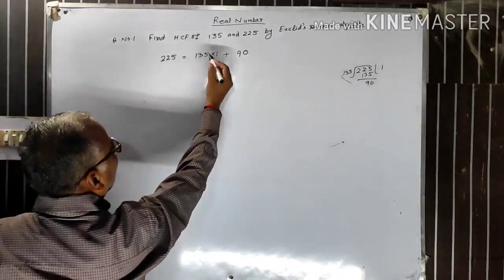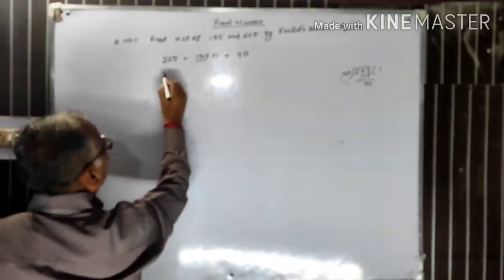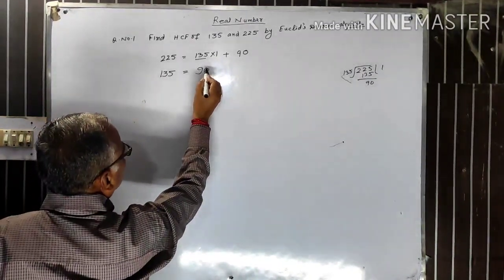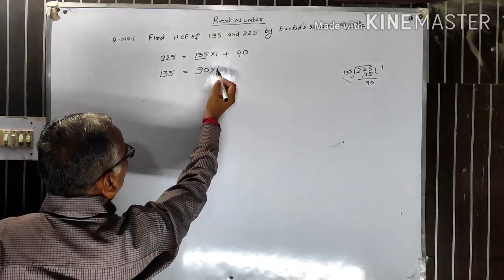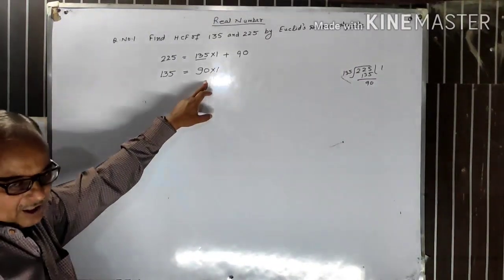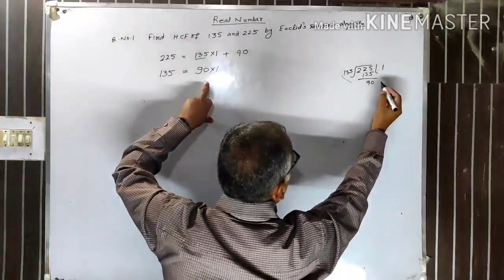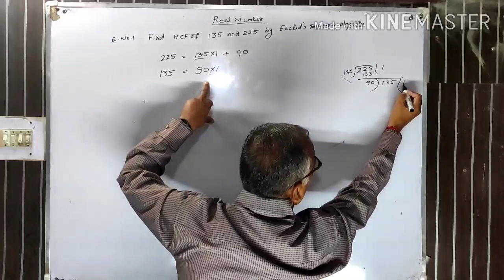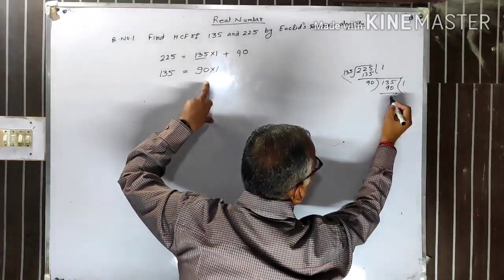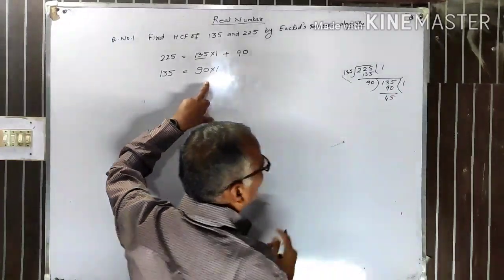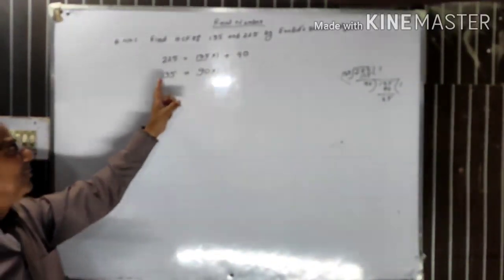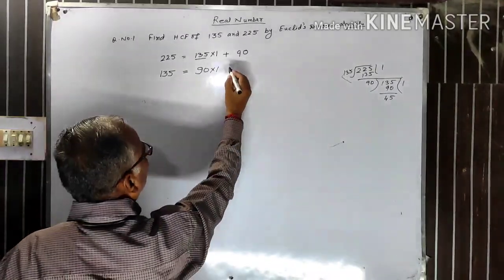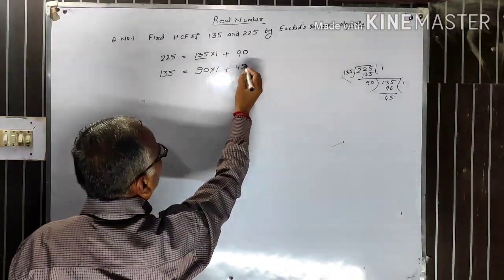Now you divide this 135 by 90. Again the quotient will be 1 and the remainder will be 45.